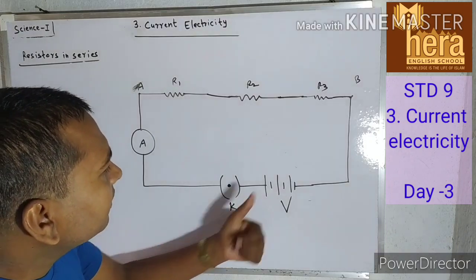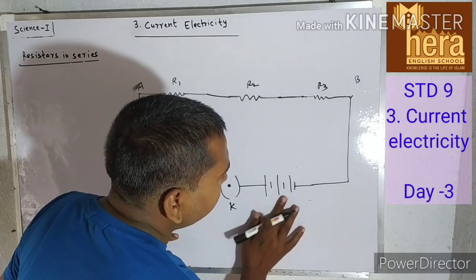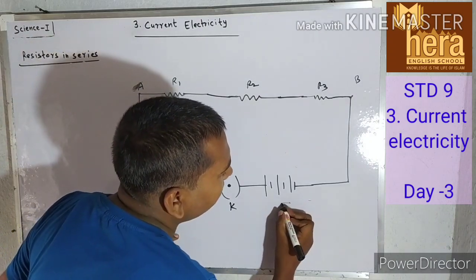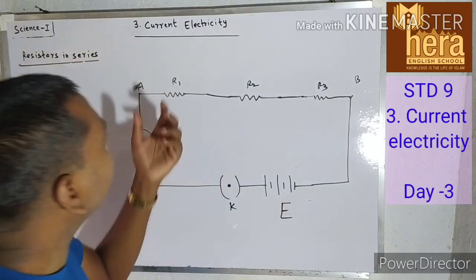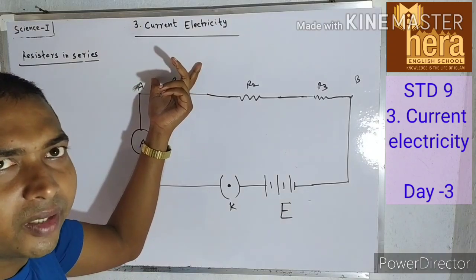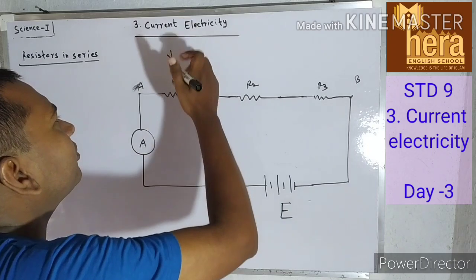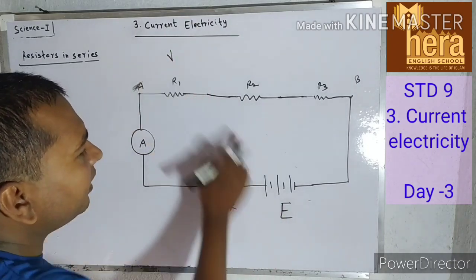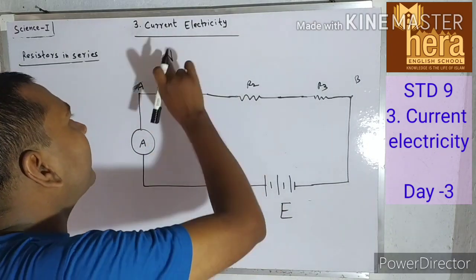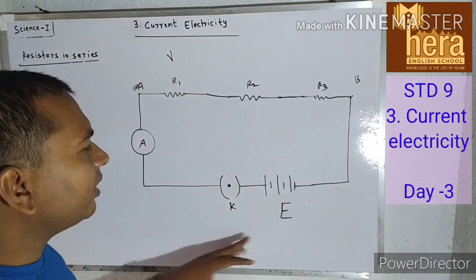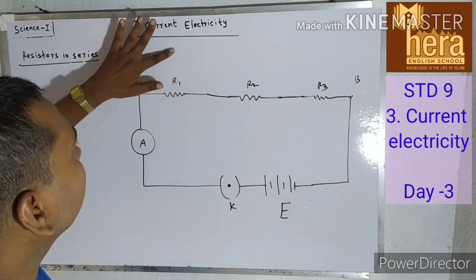Students, write E here. I will tell you the reason, because I will connect a voltmeter here, and we will represent the voltmeter as V. So you will be confused if I take V here and again V here. So better you take E.